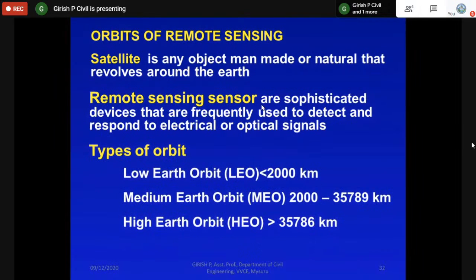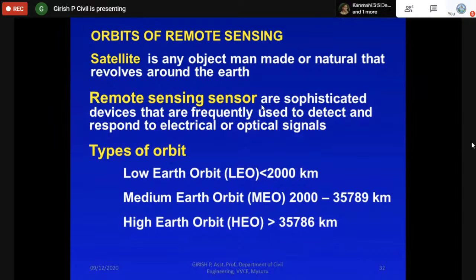There are types of orbits: low Earth orbit, medium Earth orbit, and high Earth orbit. These are the three types of orbits. Low Earth orbit, an arbitrary path covering an altitude of less than 2000 kilometers, we call LEO.